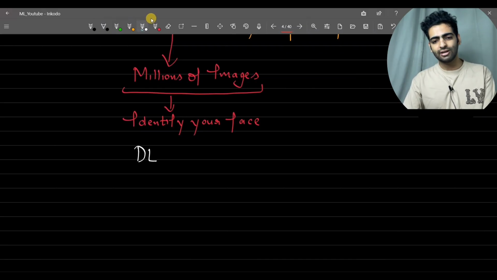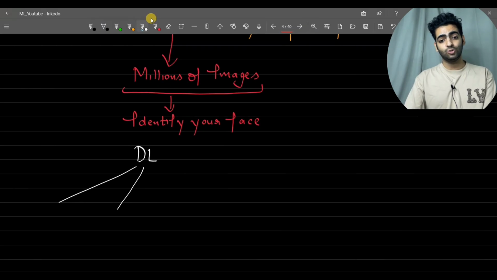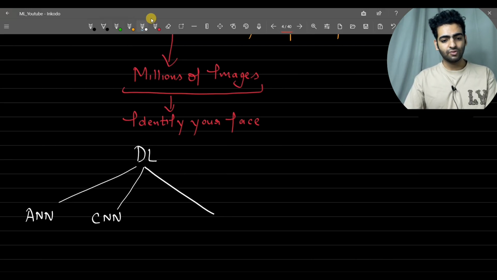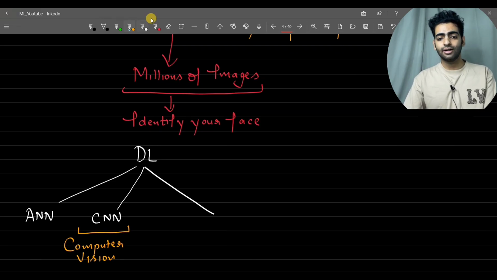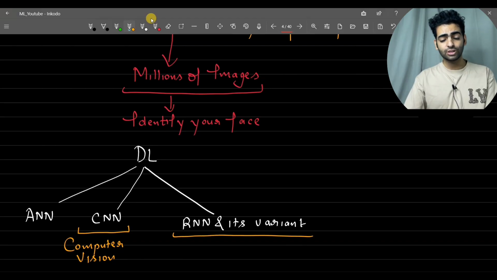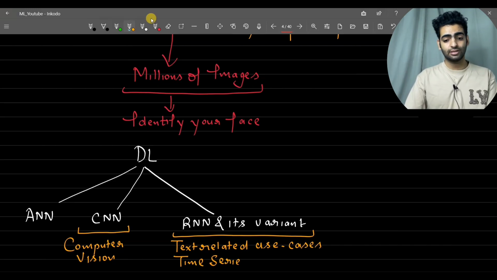The whole of deep learning is primarily categorized into three categories. We have the ANN algorithm, and we have the CNN, which is basically used for computer vision tasks. Then we have the RNN algorithms, and of course its variants as well, which are primarily used for text-related use cases, and also for time series use cases, let's say, can you predict what the stock price could be on a particular day?